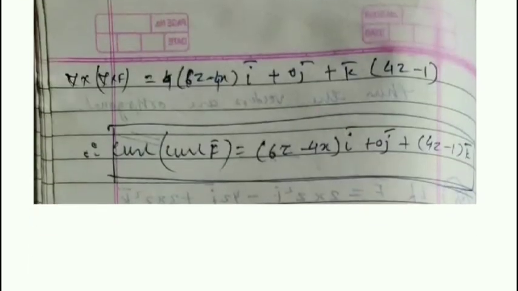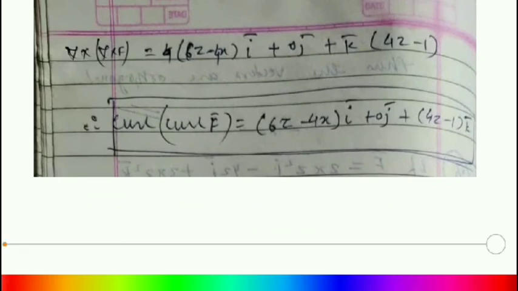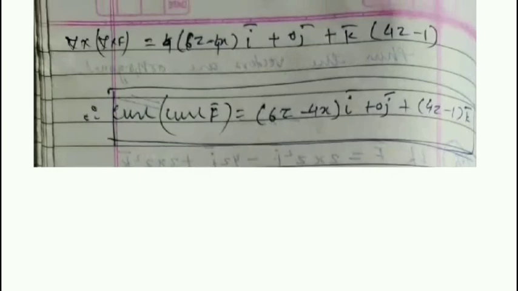After solving it, we will get the value of curl of curl of f bar as 6z minus 4x i plus 0j plus 4z minus 1 k. This is the value of curl of the vector point function. Okay. If you have any problem, then ask me. This is the very important part of this question. Okay.